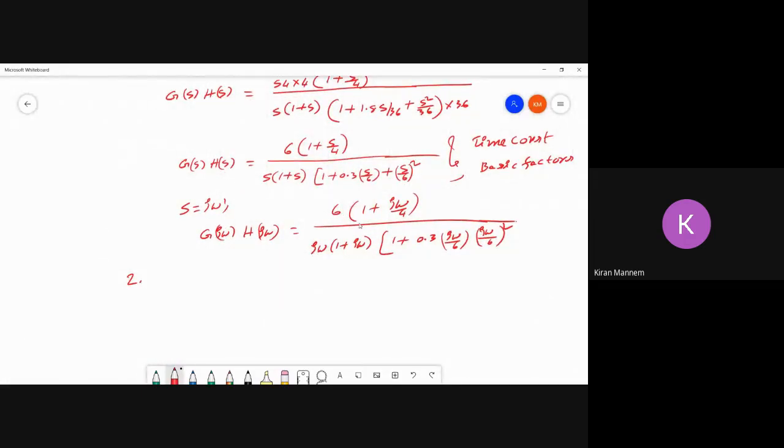6 by j omega, 1 plus j omega by 4, 1 plus j omega, 1 plus 0.3 into j omega by 6, minus j omega by 6 whole square.